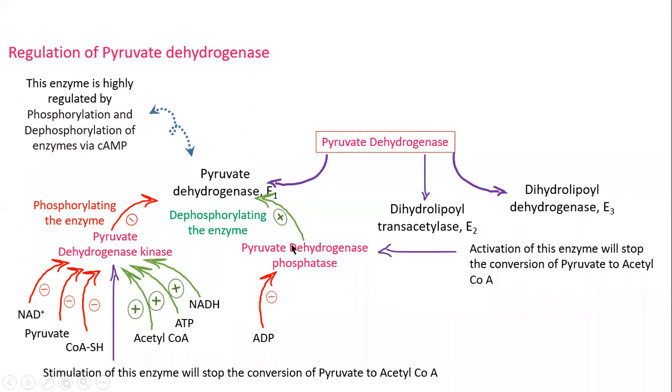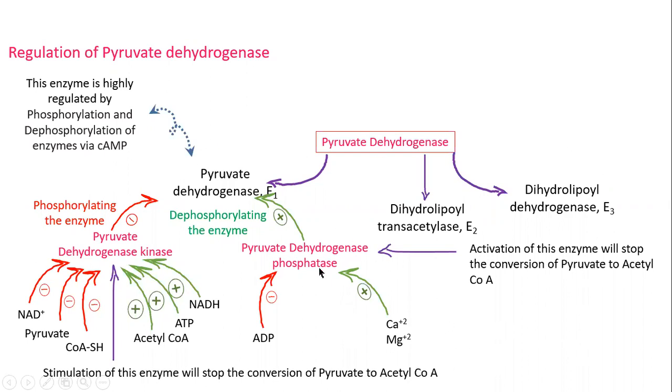If this is inhibited, then E1 will function normally, and hence we get a lot of acetyl-CoA. Calcium or magnesium can stimulate the phosphatase, so that it is activated and we get the acetyl-CoA.